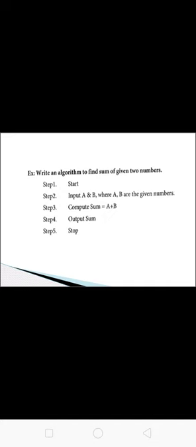In the simple interest problem, there are P, T, R input values. Second step, input P, T, R. Third step, the formula: compute SI = P*T*R/100. Step 4 is output SI. This is a simple example to write an algorithm.